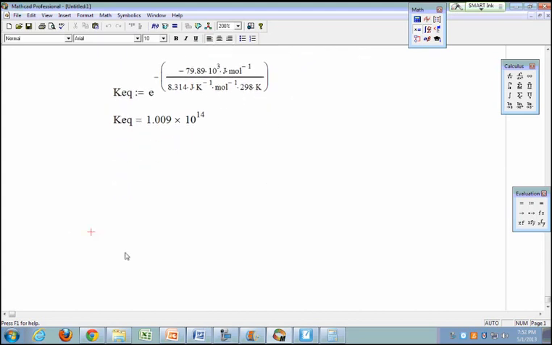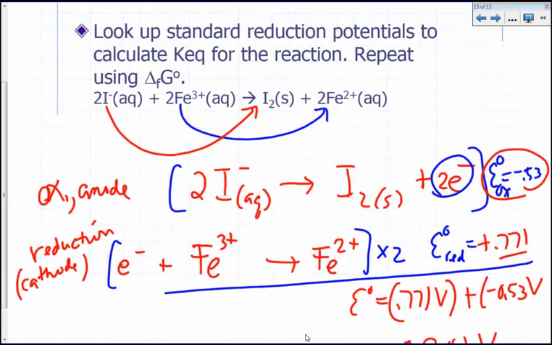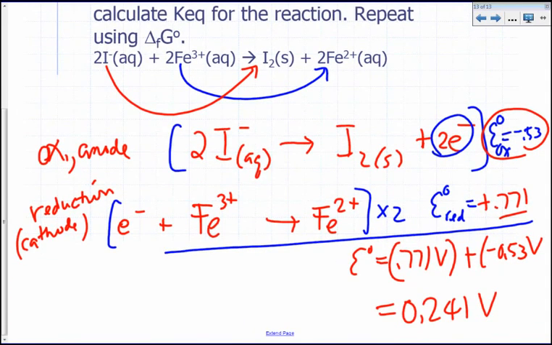I'm going to say KEQ equals e to the nF, F is 96,500, E is, what was E? 0.241 volts.